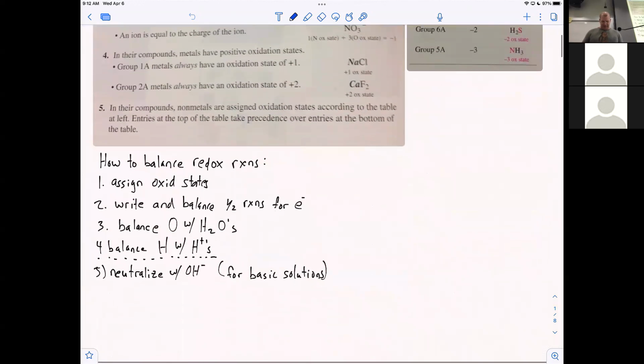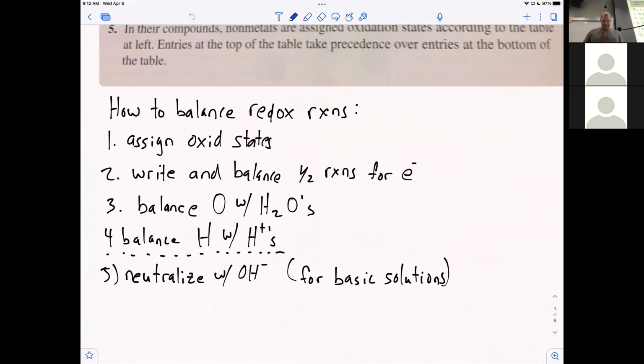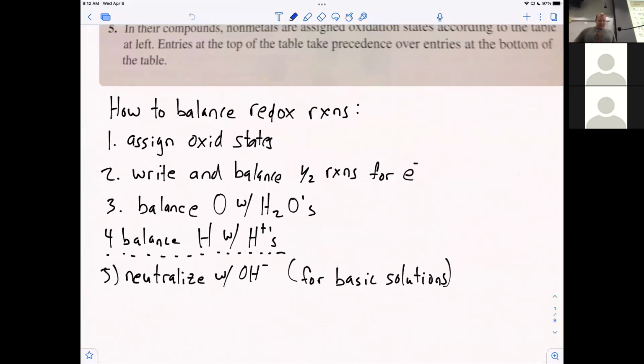That's just a review, and this is what we're going to do today: how to balance redox reactions. Reduction oxidation, shortened to redox. First thing you do is assign every atom an oxidation state. Then you write and balance the half reactions for the electrons, and I'll show you how to do this.